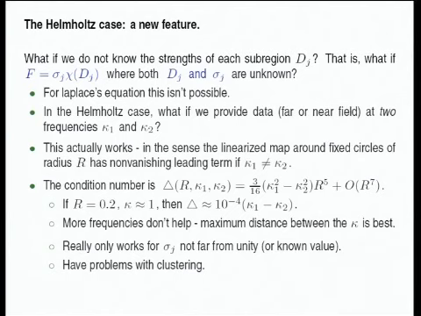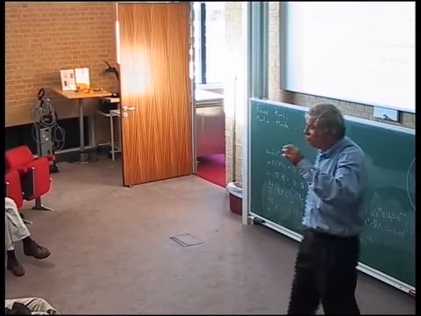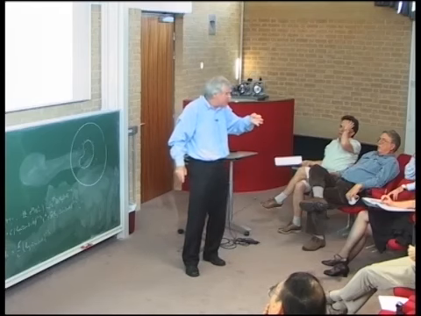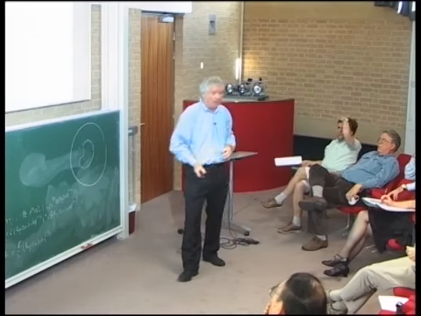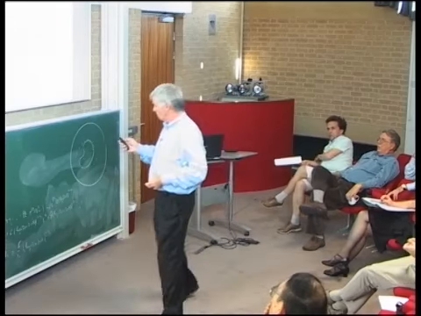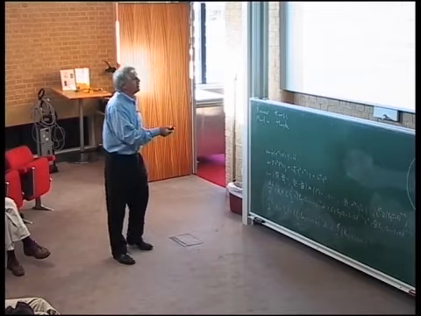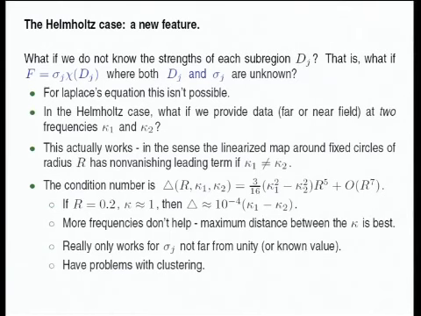Now, this looks pretty good. But remember, r is the radius of one of my regions. Those little regions were about 0.3 in diameter. Even if r is 0.2, the condition number is 10 to the minus 4 times the difference of the frequencies, if the frequencies are roughly 1.